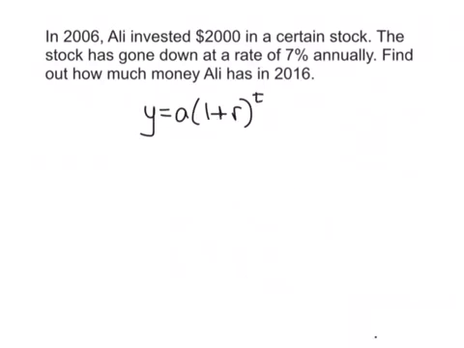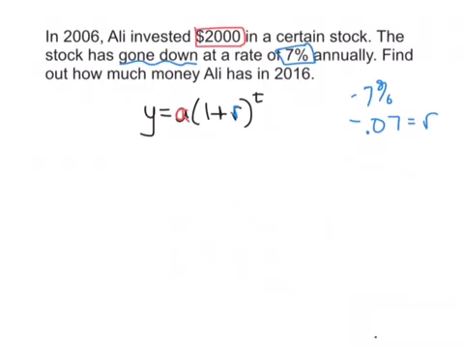All right, so let's go ahead and put our original amount in for A. This is the original amount of money that he put in. We'll go ahead and put our rate in, which is, remember, gone down at a rate of 7%. So we're going to write negative 7% right here, which is negative 0.07 is what R is.